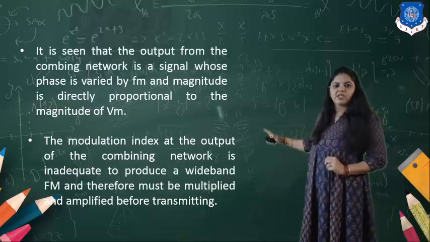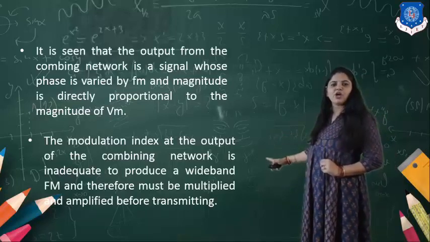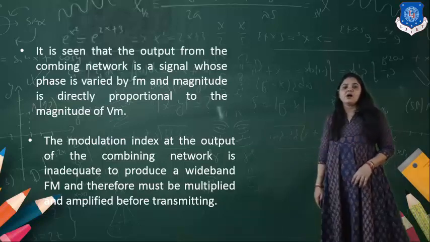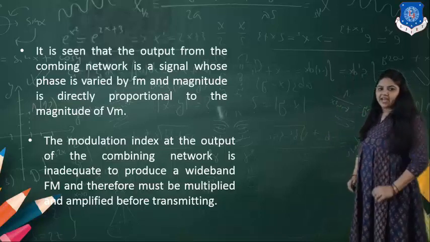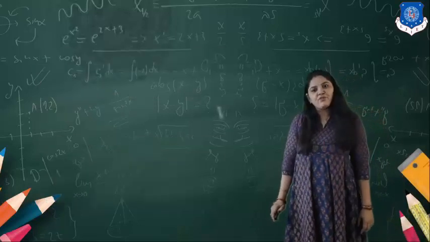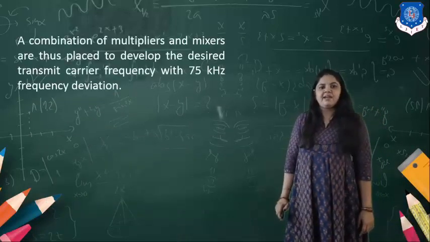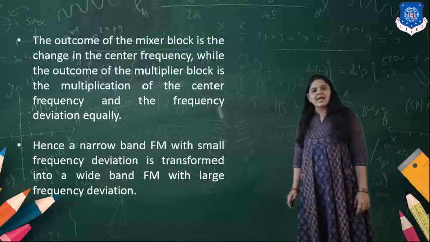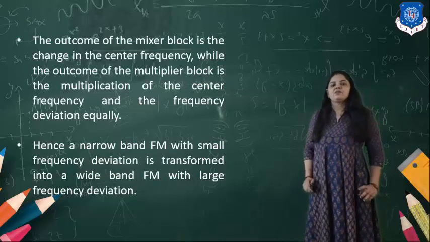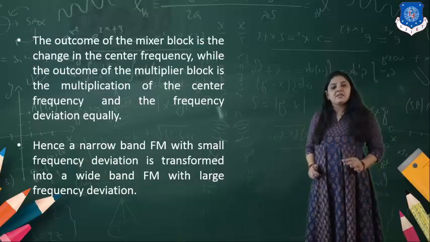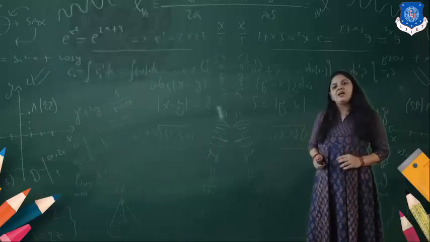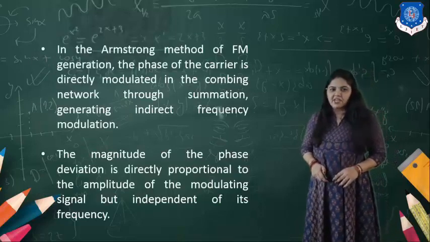The modulation index at the output of the combining network is inadequate to produce a WBFM and therefore must be multiplied and amplified before transmitting. So narrowband FM with a small frequency deviation is transformed into wideband FM with a large frequency deviation.